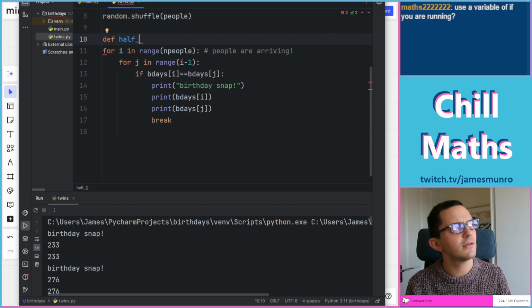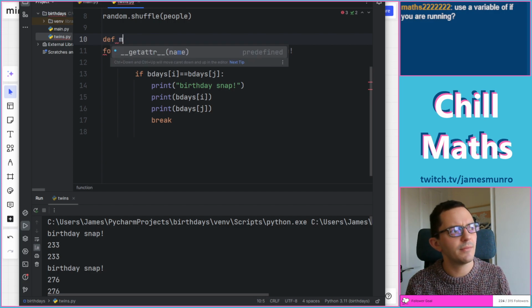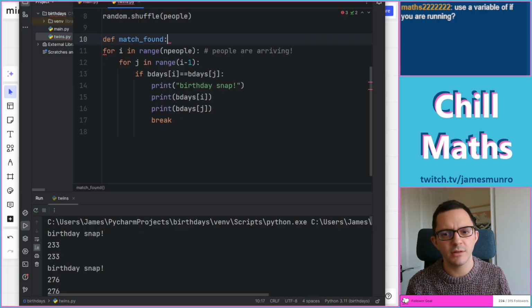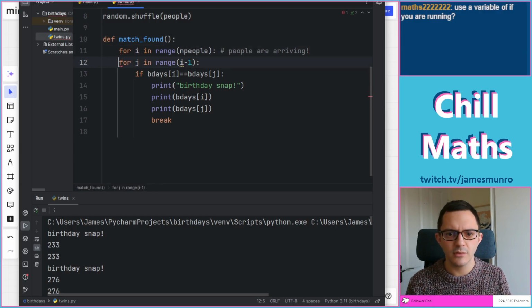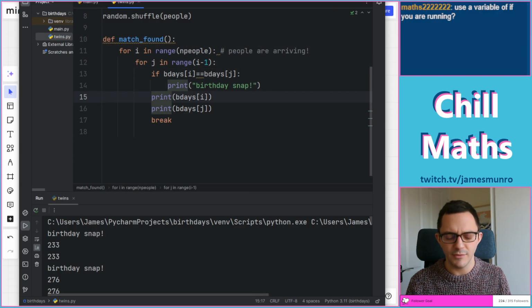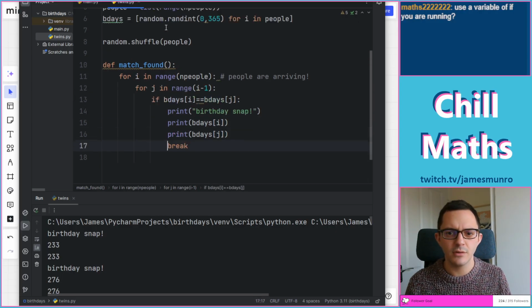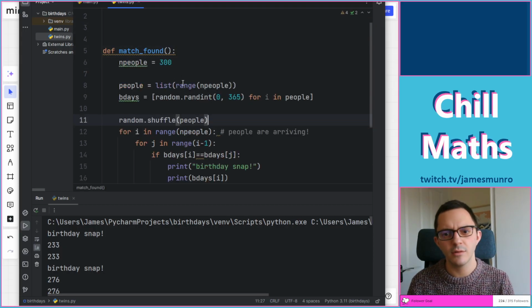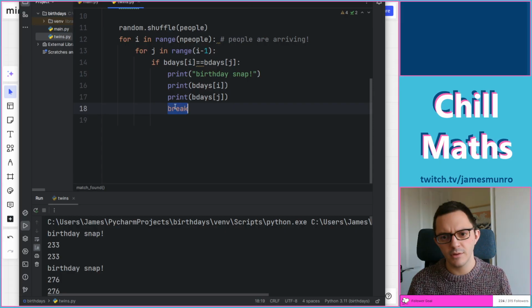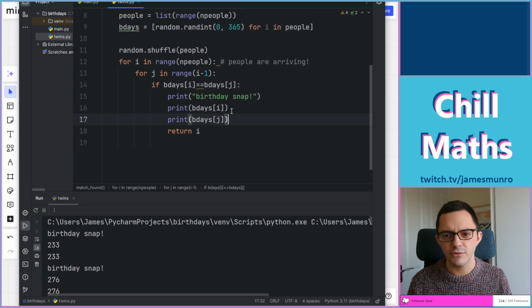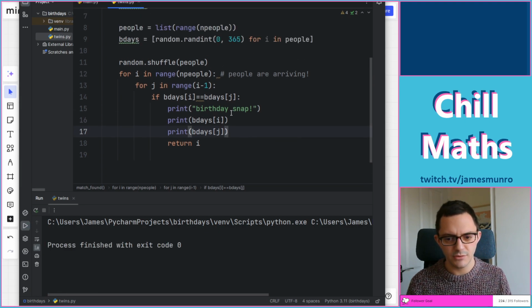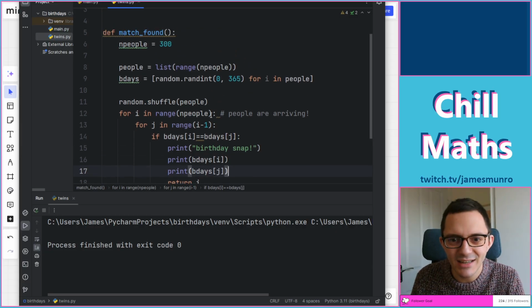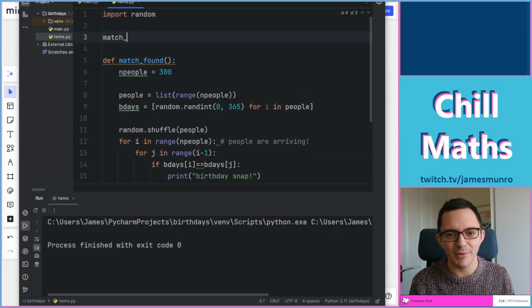Def match found or something. It's a function with some inputs. All of that should probably be inside here. So I want this to return i and just stop talking to me. Then it won't return anything at all, obviously, because I'm not calling match found. I'm not telling it to do anything anymore.